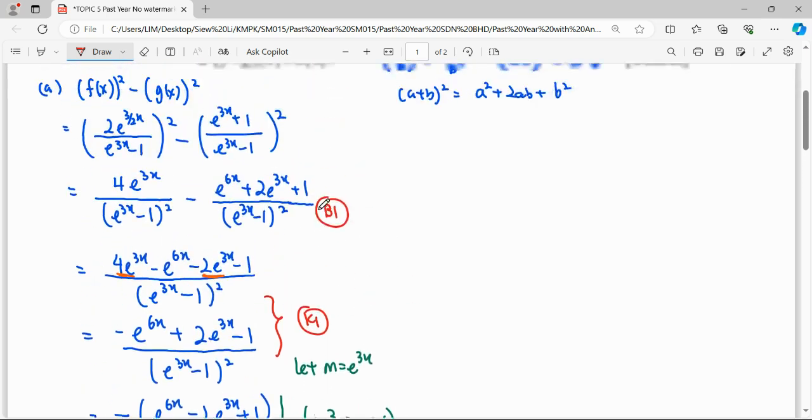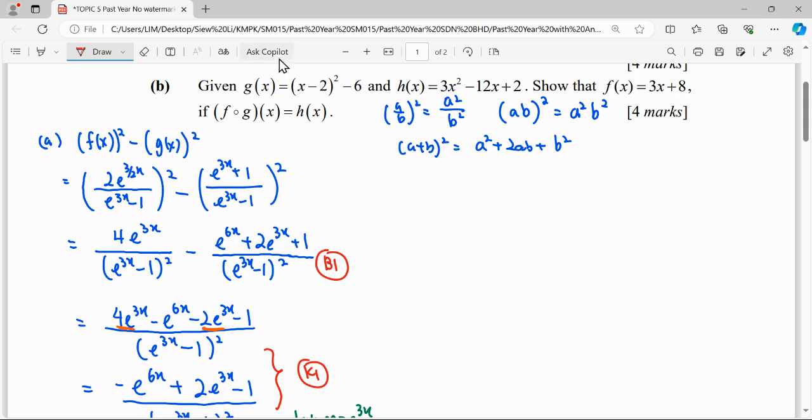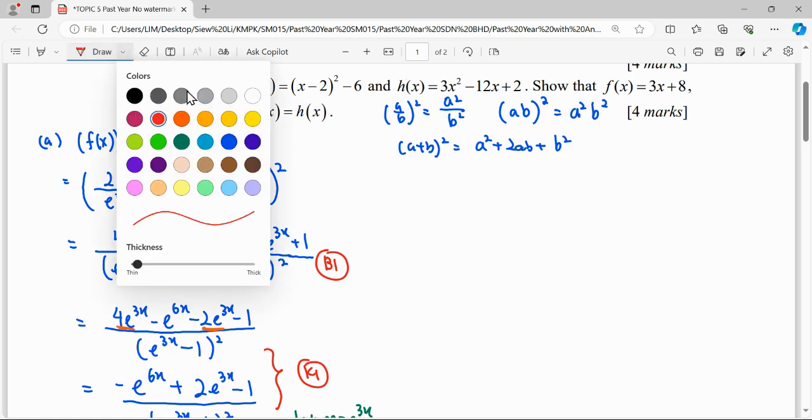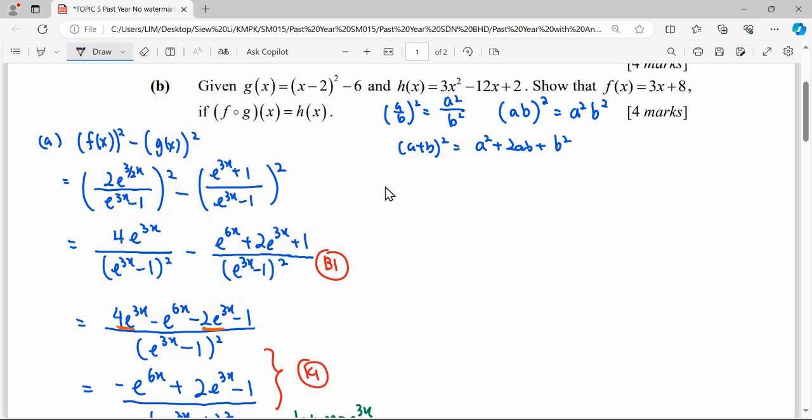Then we move on to question B. Given g(x) is a quadratic function and f(x) is a quadratic function, show that f(x) equals 3x plus 8 if the composite f(g(x)) equals h(x).